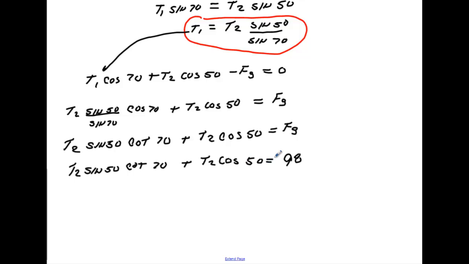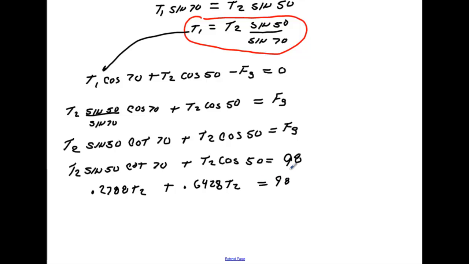We'll get our calculator and see what we got here. Let's do that, sine of 50. Okay, over here that gives us 0.2788 T2 plus cosine 50, 0.6428 T2, is equal to 98.